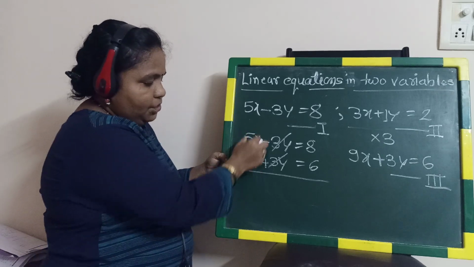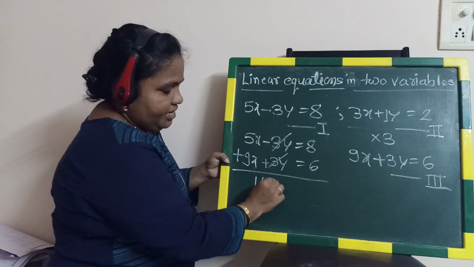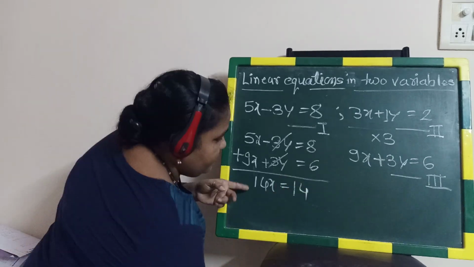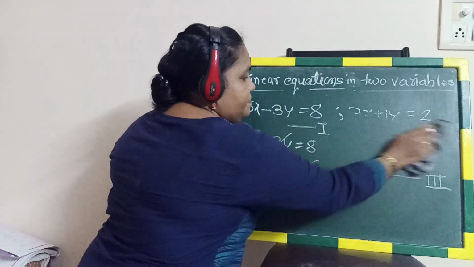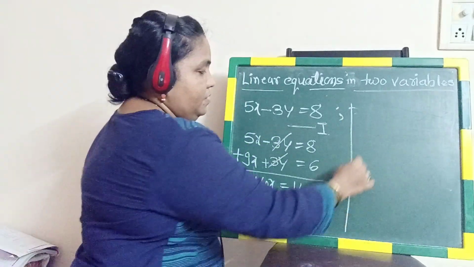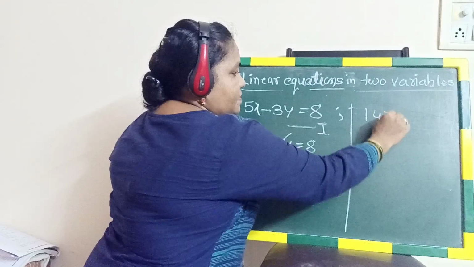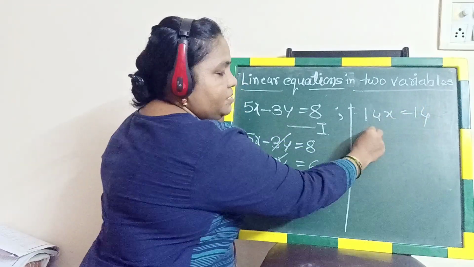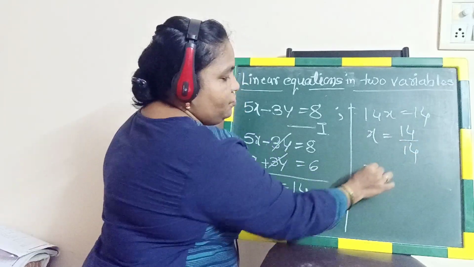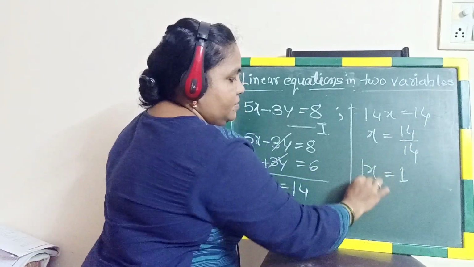We just have to add the remaining terms. It will be 14x is equal to 14. After solving this, we can get the value of our first variable. So 14x is equal to 14, so x is equal to 14 divided by 14, and so x is equal to 1.